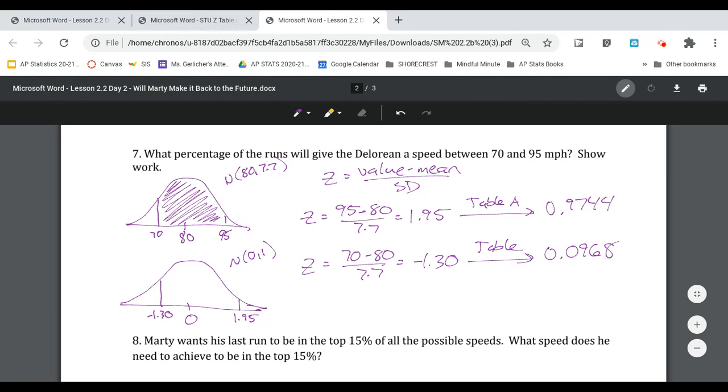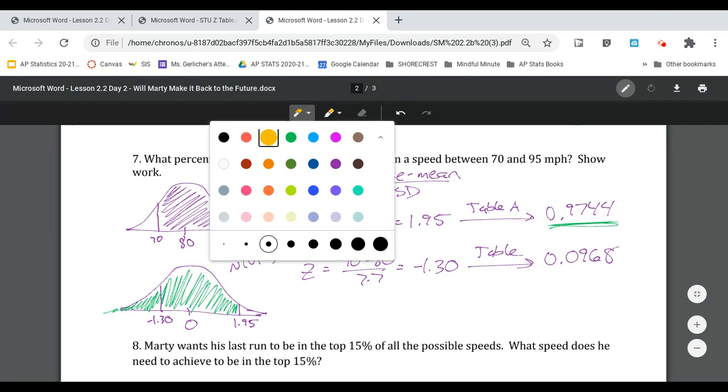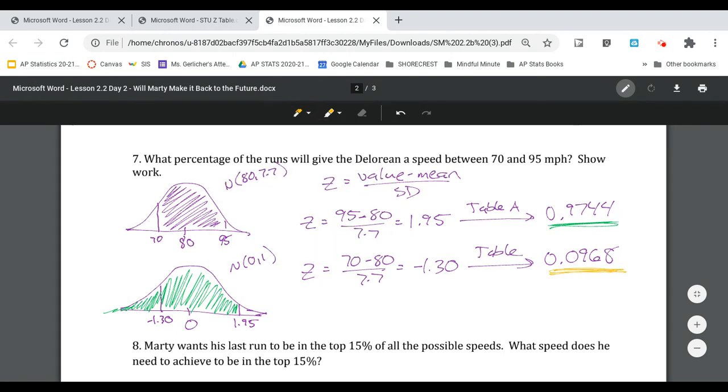Okay, so let's think about this. This guy, the 97%, that is giving us here and everything below. So all the stuff we want, but plus all the stuff we don't want down at the bottom end. Good news is this guy gives us the bottom end. It is all the stuff below negative 1.30.